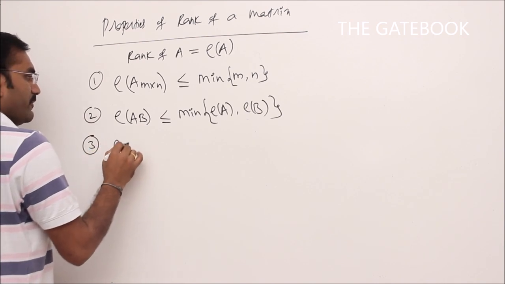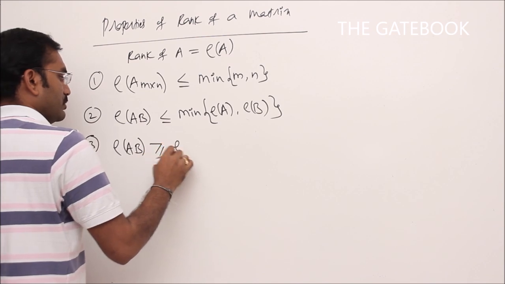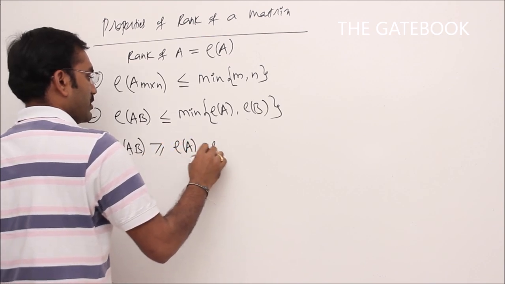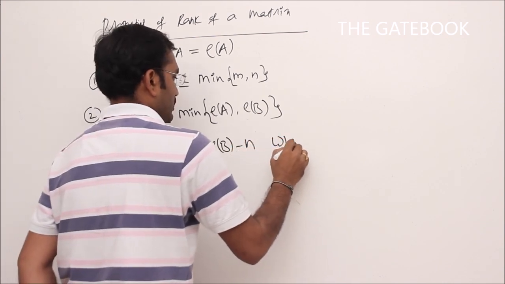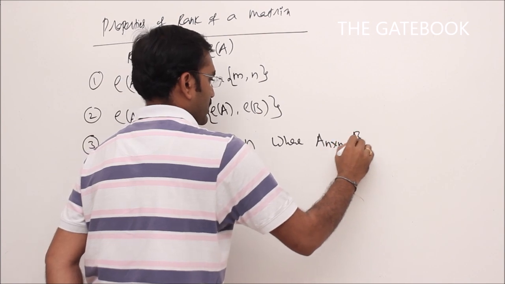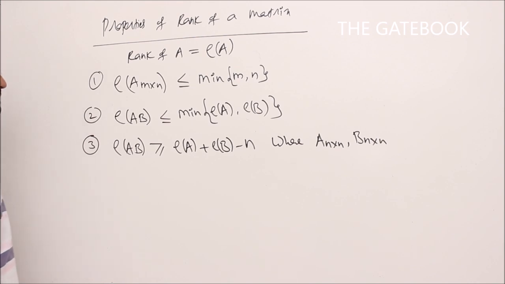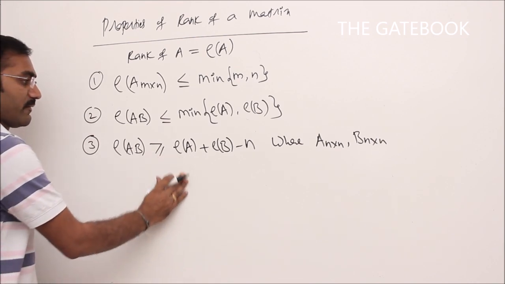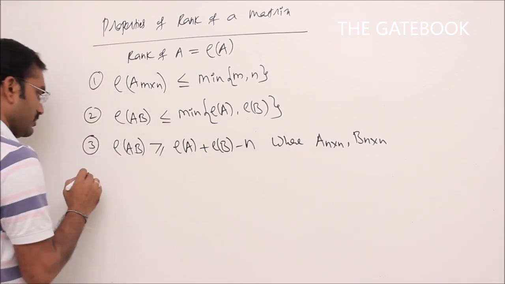Next, rank of AB is greater than or equal to rank of A plus rank of B minus n, where A and B are matrices of order n by n.